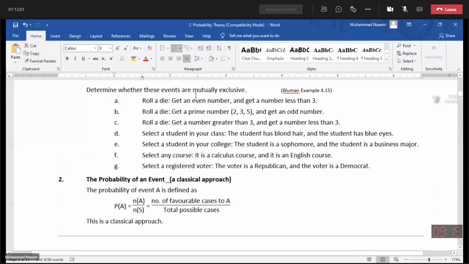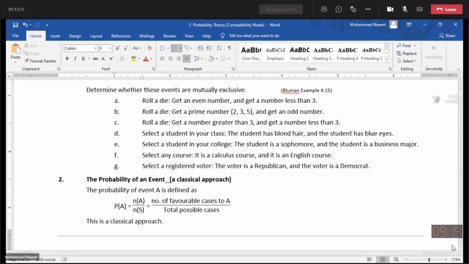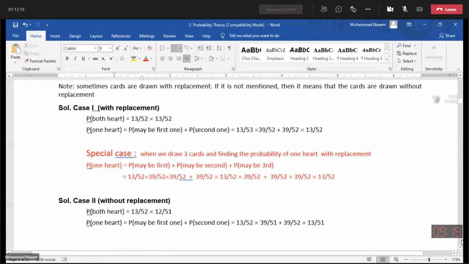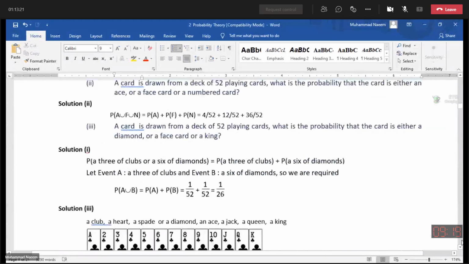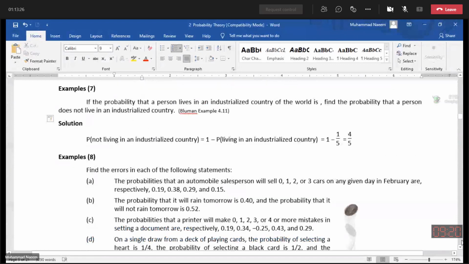Determine whether these events are mutually exclusive or not. So you have to consider all these and trace out which statements have two mutually exclusive events. Also, we have another example in which we need to find out some mistakes.